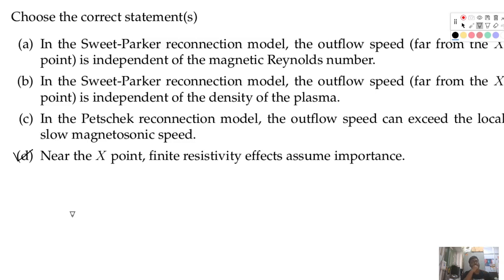Now, in the Petschek model, what happens is the current sheet's length will remain smaller, that means it is more localized, and that leads to a smaller diffusion time scale, which is comparable to your solar flare.